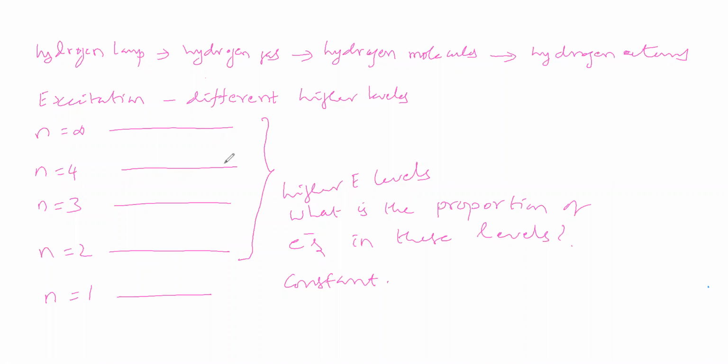Now, how will the proportion be there? What is your idea regarding the proportion in these levels, where will the proportion of electrons be highest? The proportion of electrons in these levels is different, we can say.